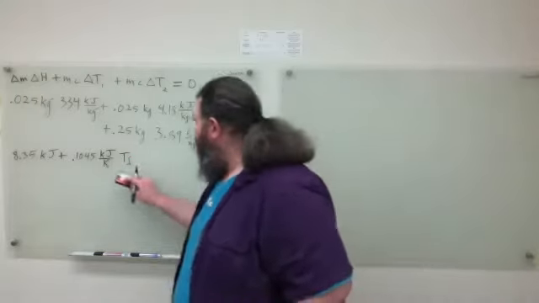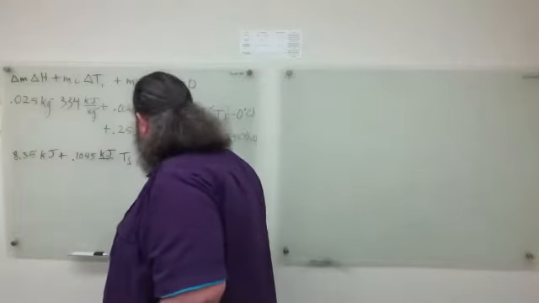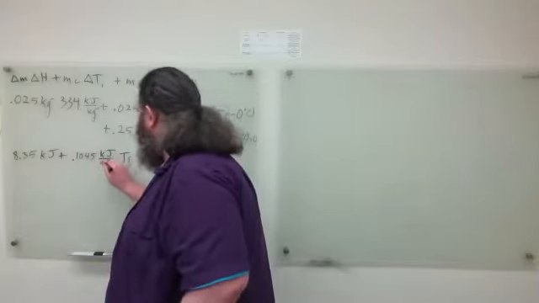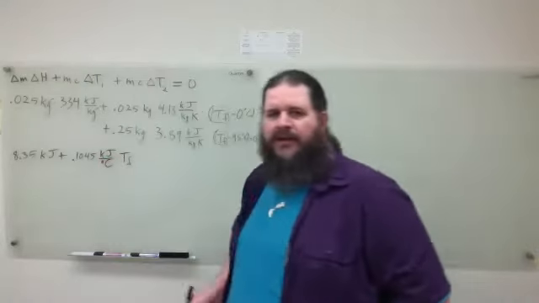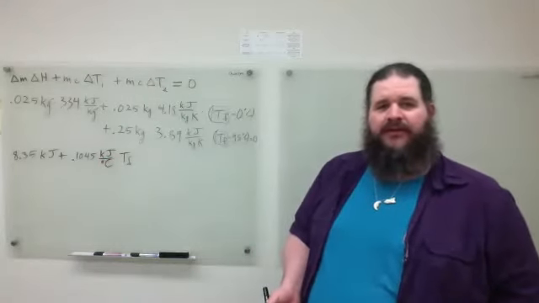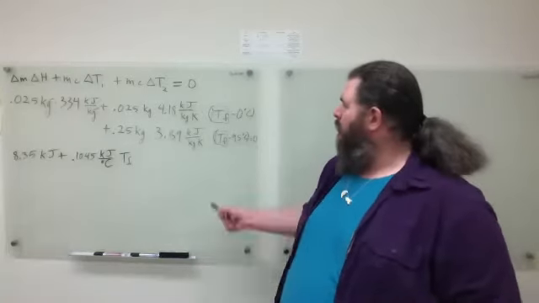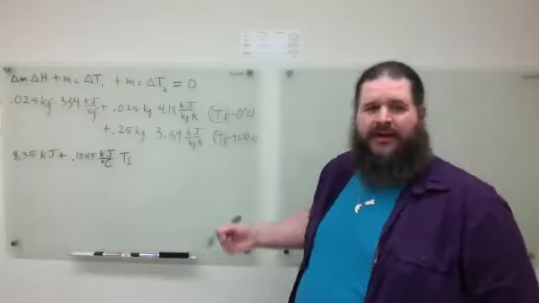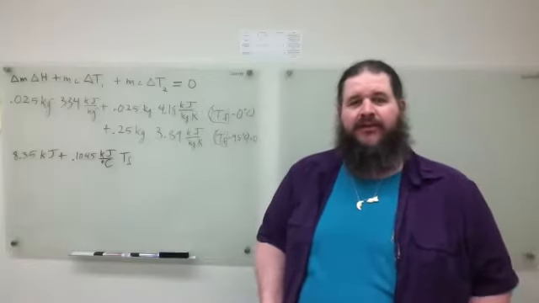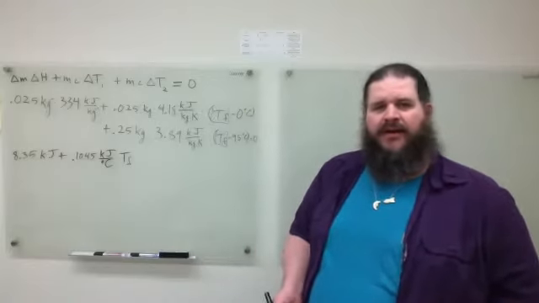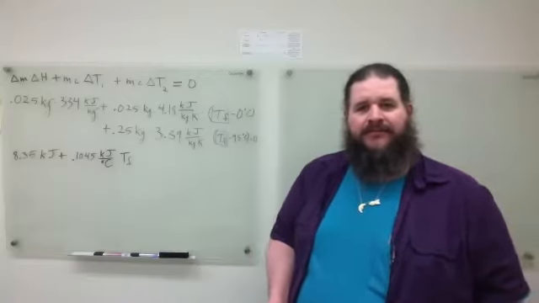And we should probably rewrite kelvins as degrees Celsius here, just to be consistent. And as long as you're talking about delta, there's no difference. If you're talking about temperature on its own, that has to be in kelvins. But if you're using an equation with a delta temperature in it, Celsius and Kelvin are interchangeable as long as you're consistent about it. Because how do you convert Celsius to Kelvin?